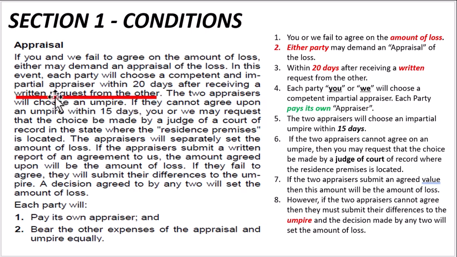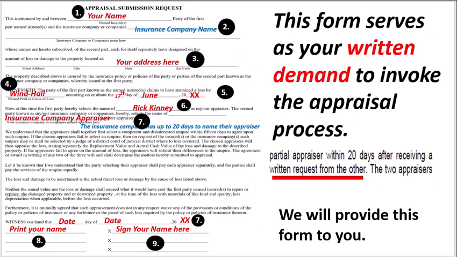You must submit written requests, and the document that does that is this document right here, Appraisal Submission Request. This form serves as a written demand to invoke the appraisal process. Number one, you would have your name go where number one is. Number two, you put your insurance company's name there. Okay, and then your address, and then the law.